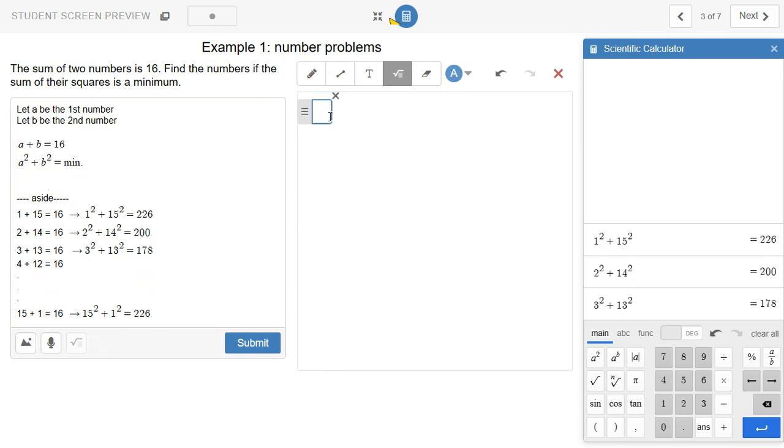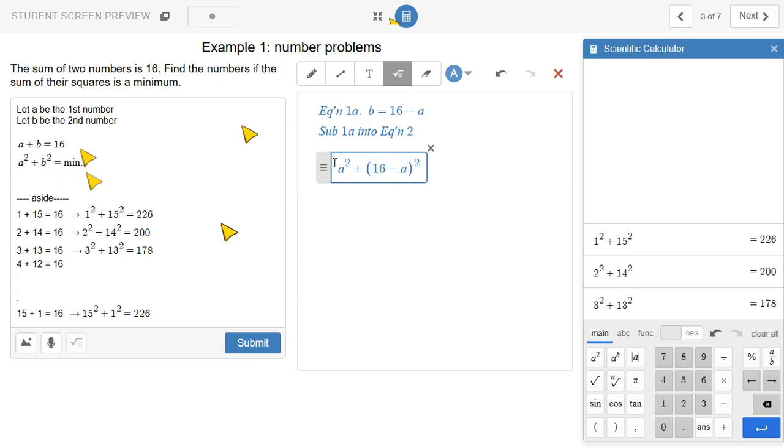So when we solve, let's rearrange our equation so that we could stick our first equation into the second equation. So here's my equation 1a. I'm going to rearrange it. B is now equal to 16 minus a. Sub 1a into equation 2. A squared plus (16 minus a) all squared is equal to some sort of minimum.